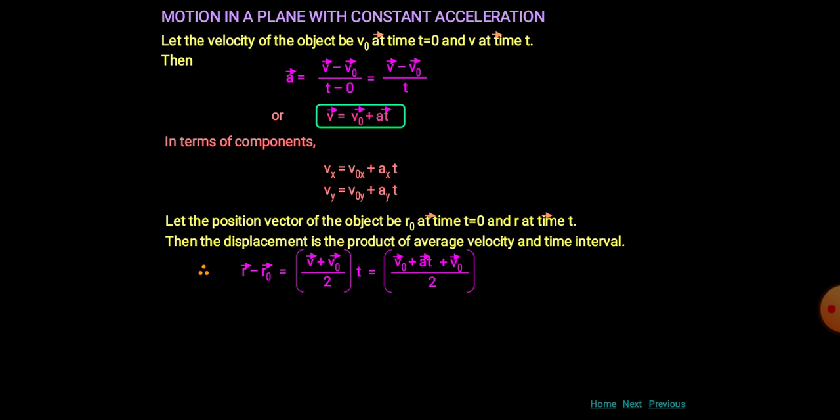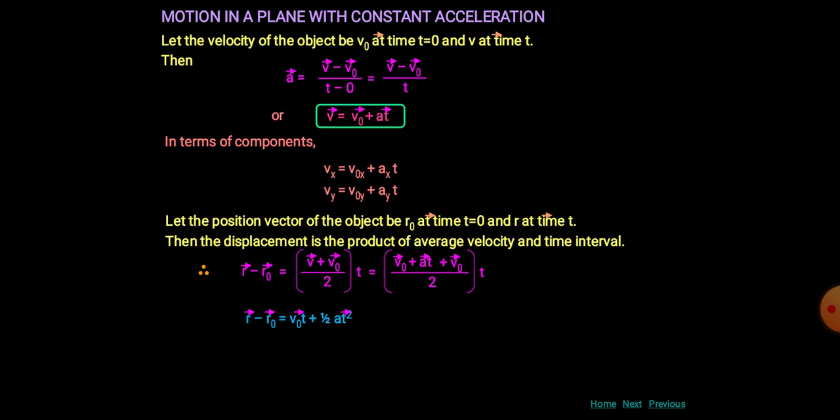If you simplify it, you can put in the equation v equals v0 plus at. Instead of v, we are putting v0 plus at according to the first kinematical equation. So you will get v0 plus at plus v0 divided by 2, into t. We can simplify it.